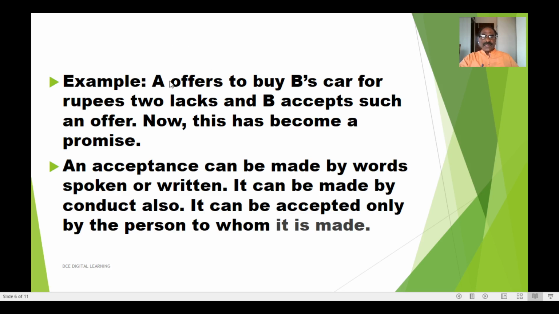The offer is A wants to buy B's car for rupees 2 lakh. So here the essential elements in the offer are very clear, and B here has accepted that offer which is made by A.